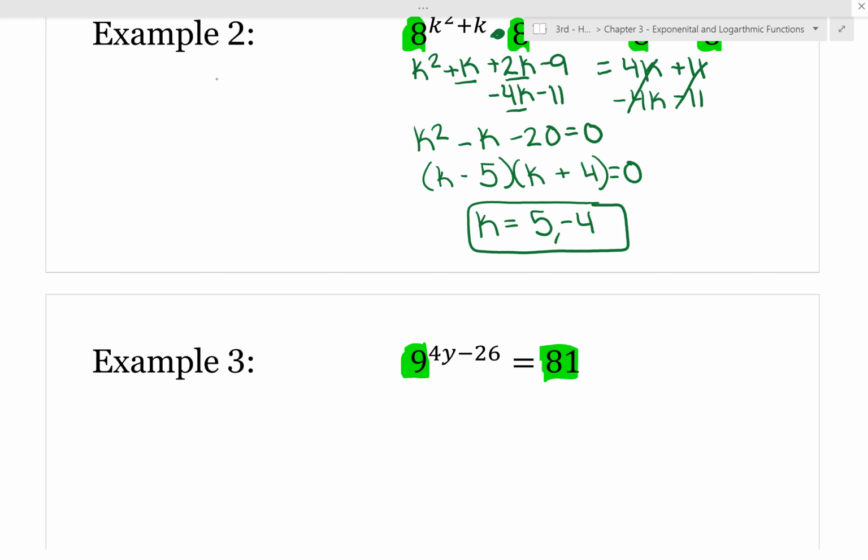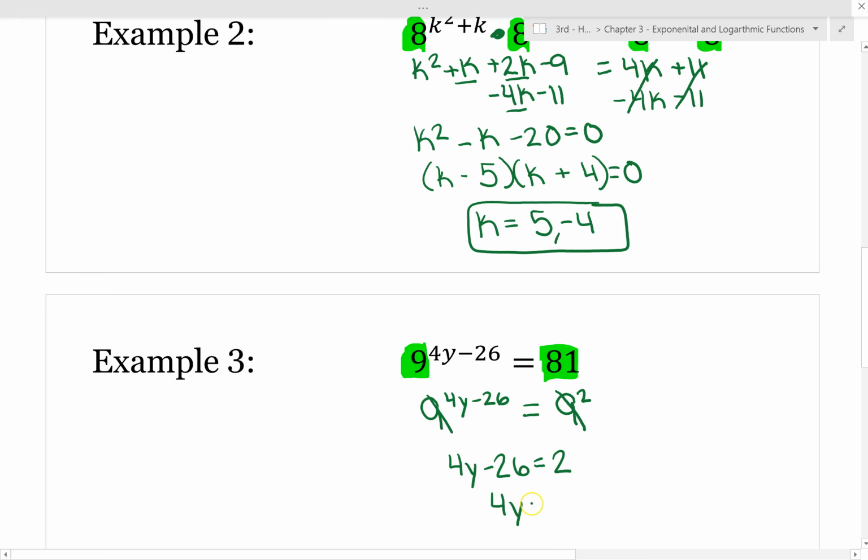Okay, hopefully you guys said 9 squared gives you 81, which means if I have a base of 9, I would want to leave this base alone. So now my bases are the same, and I can drop. 4y minus 26 equals 2. Add 26, we get 28. y equals 7.